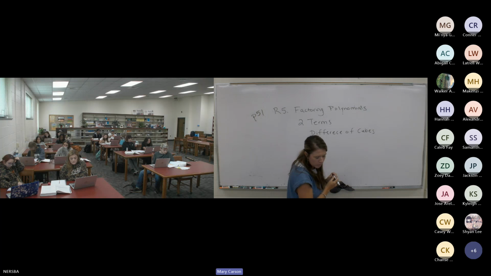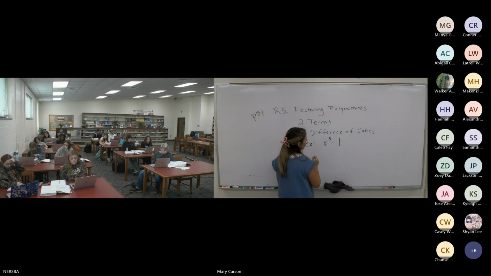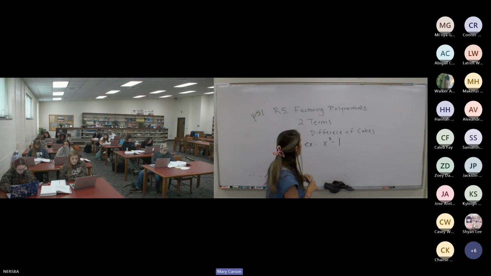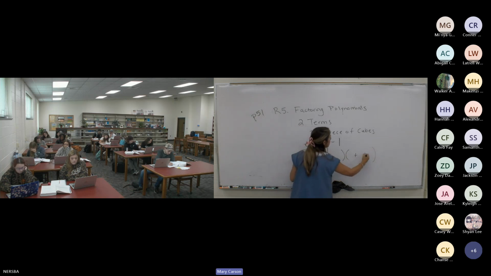All right, so let's look at our example. x cubed minus 1. So notice here we have 2 terms. When there's a minus, remember the form is always going to be a minus and then a plus plus.